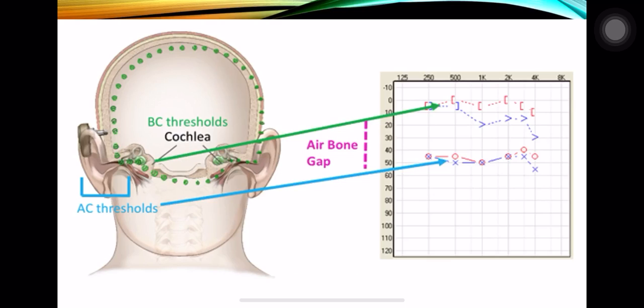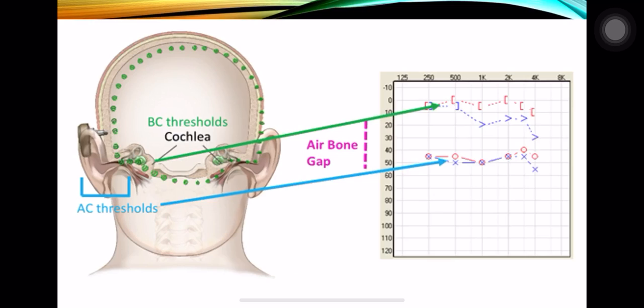Look at this graph. Here both air conduction and bone conduction of right ear and air conduction and bone conduction of left ear is given. On the same graph, we are noting one thing, that the bone conduction of right ear is normal, whereas the air conduction of right ear is abnormal.